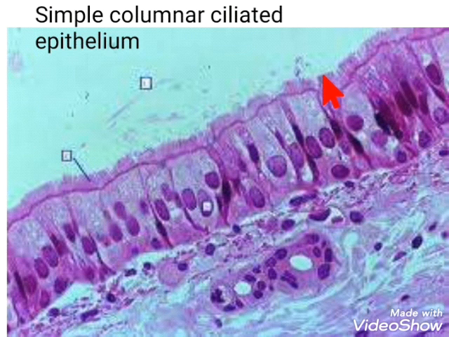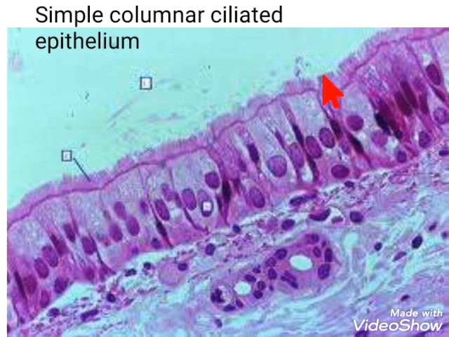Such epithelium is known as simple ciliated columnar epithelium. In the GIT, gastrointestinal tract, bile duct and gallbladder, the lining epithelium shows microvilli. If the villi are arranged in a regular manner, it gives a striated border appearance, and if the villi are irregularly arranged, it gives a brush border appearance on light microscopic examination.